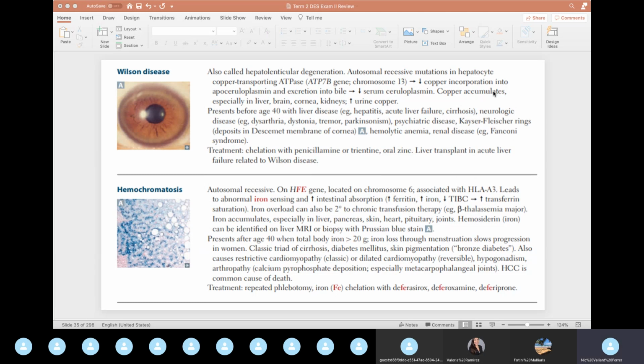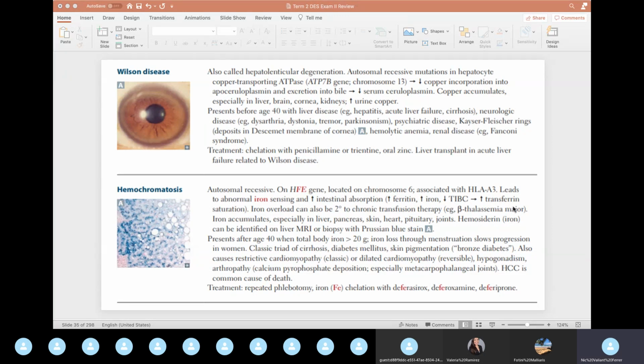Hemochromatosis, on the other hand, there's something wrong with the HFE gene, chromosome 6. This is associated with HLA-A3. You can have abnormal iron sensing, so you have an increase in iron. For now, I think memorize this one. What happens to ferritin? What happens to TIBC?